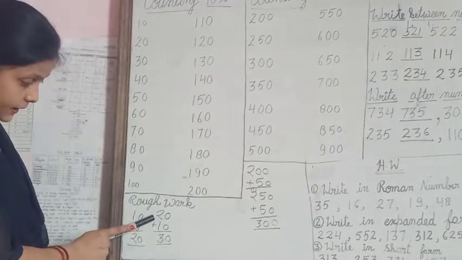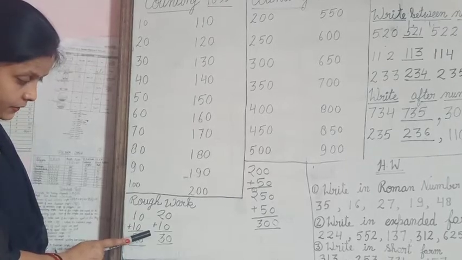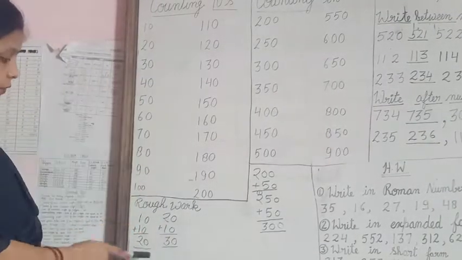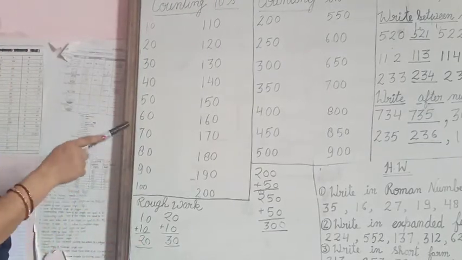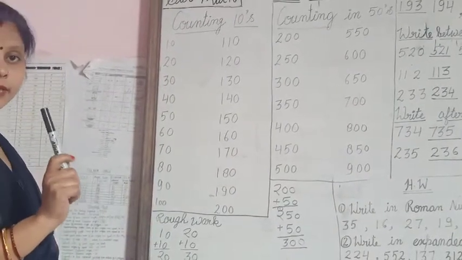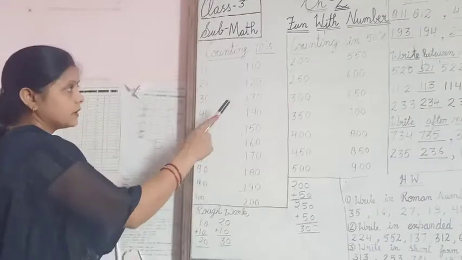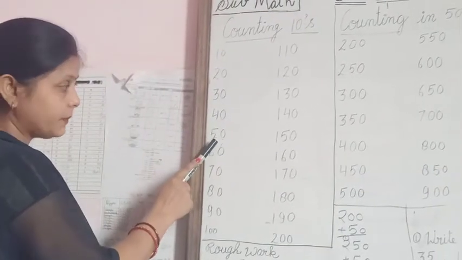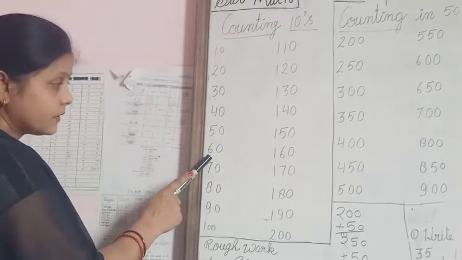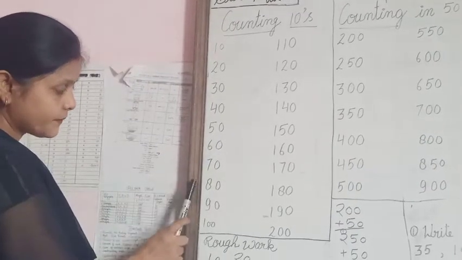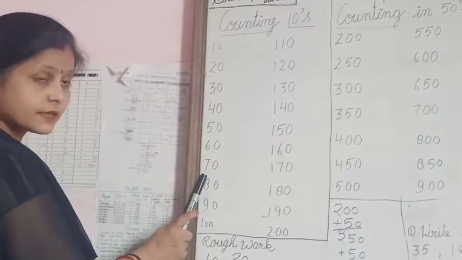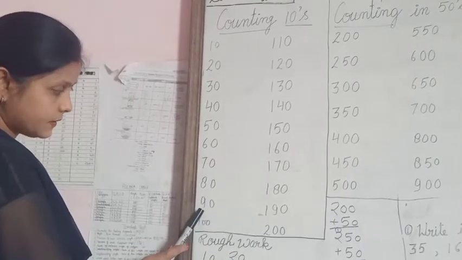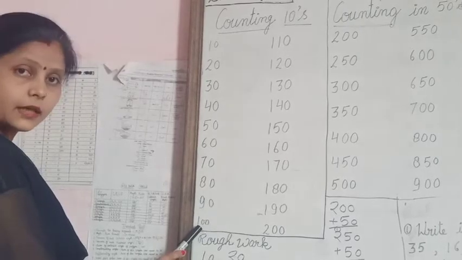Next, 20 added by 10, you get 30. So follow it and you get the next number according to 10. Like this: 30 plus 10 is 40, 40 plus 10 is 50, 50 plus 10 is 60, 60 plus 10 is 70, 80 plus 10 is 90, 90 plus 10 is 100.